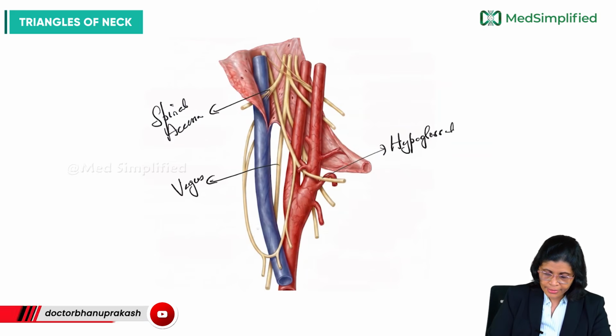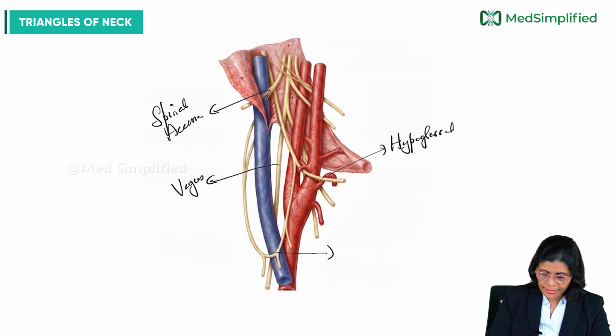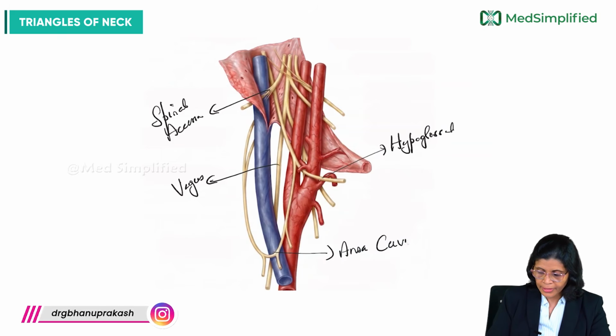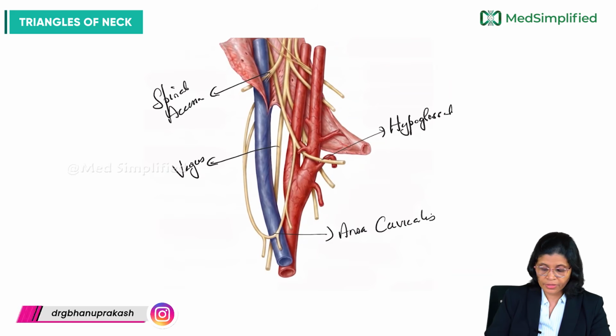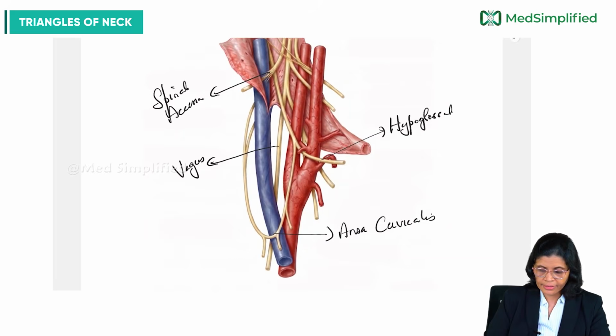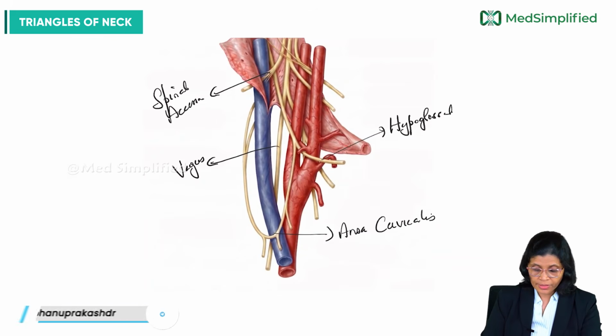And this is the ansa. This loop is called the ansa cervicalis. So this is the loop formed by the descendens hypoglossi as well as the descendens cervicalis.